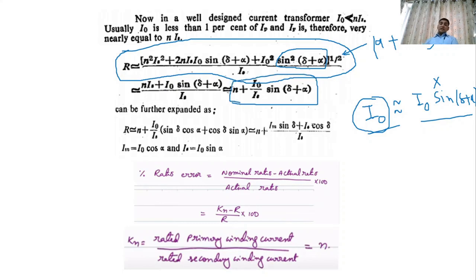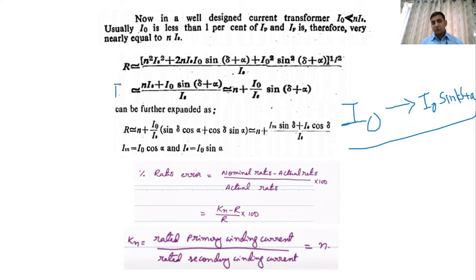Okay, this is a very historic relation for our transformer ratio R, which is equal to n plus I0/Is sin(δ+α). In the ideal situation, our transformer ratio is always equal to our turn ratio.